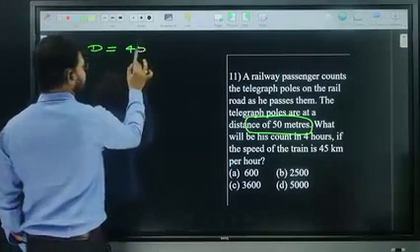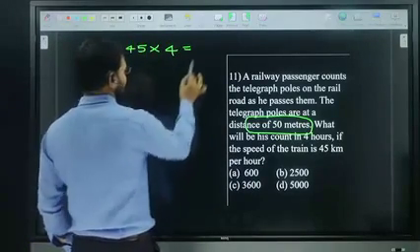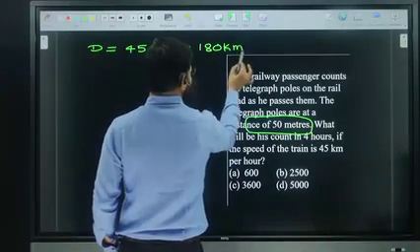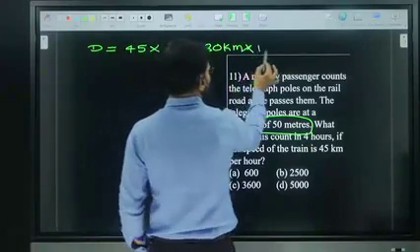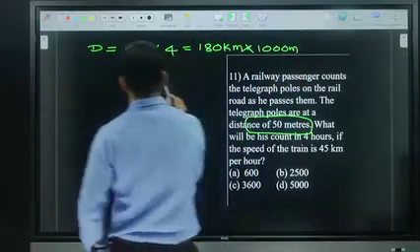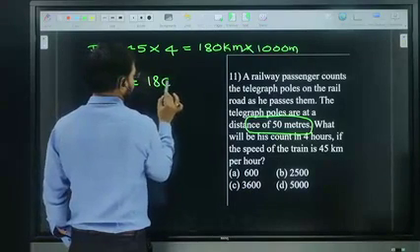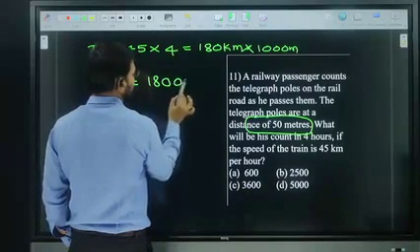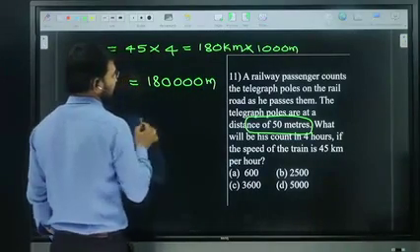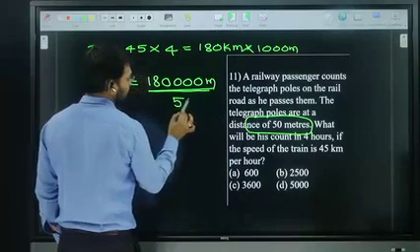The speed of the train is 45 km per hour, and the time is 4 hours. 4 into 45 is 180 kilometers. 1 kilometer is 1000 meters, so the total distance is 180 into 1000, which is 1,80,000 meters.